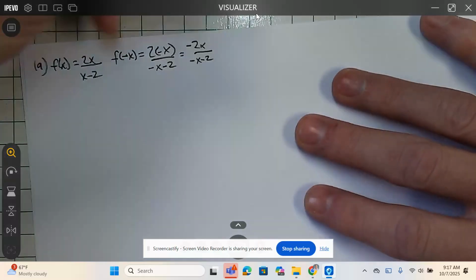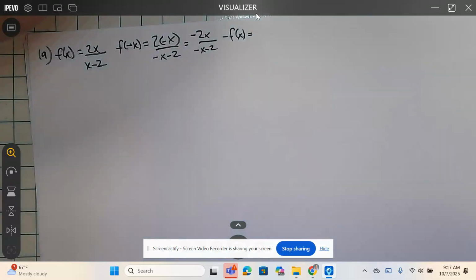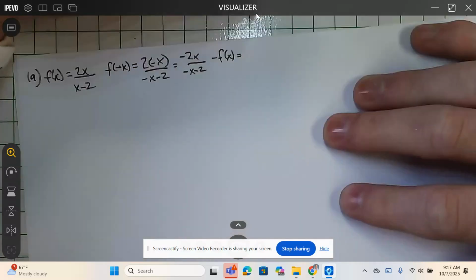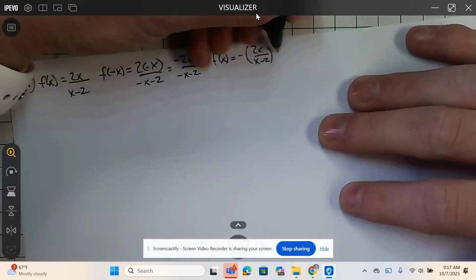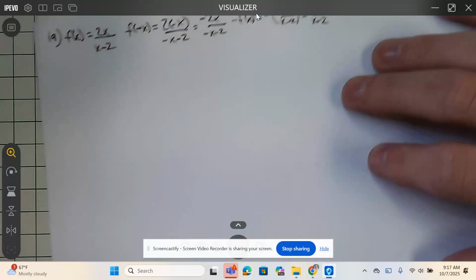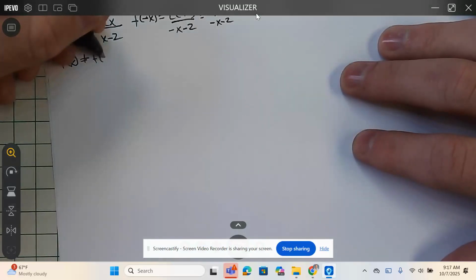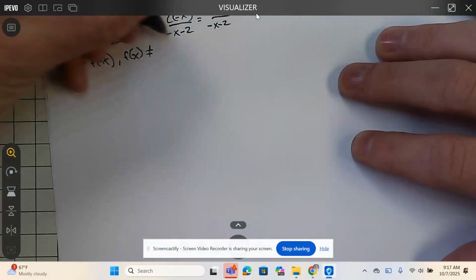And I've also got to find negative f of x. So if I do negative f of x, that's going to be negative times 2x over x minus 2. So it'll be negative 2x over x minus 2. So f of x does not equal f of negative x. f of negative x does not equal negative f of x.